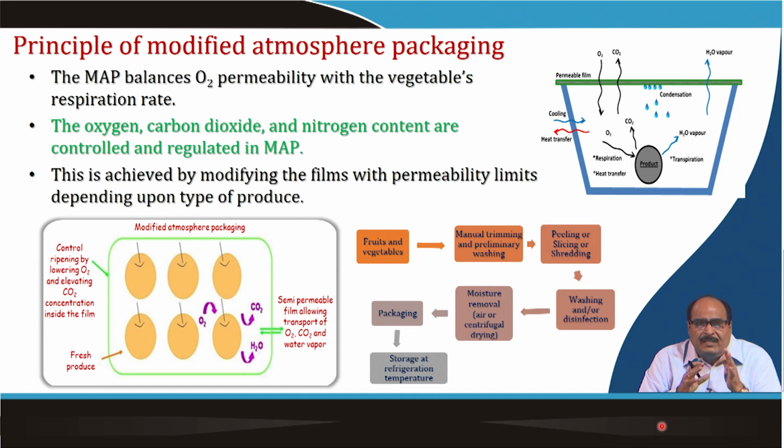So, the principle of modified atmosphere packaging, that is MAP, basically, as I told you, it balances the oxygen permeability with the vegetable's respiration rate. You can see here that is a fresh produce.